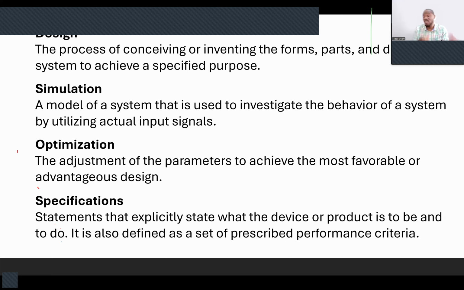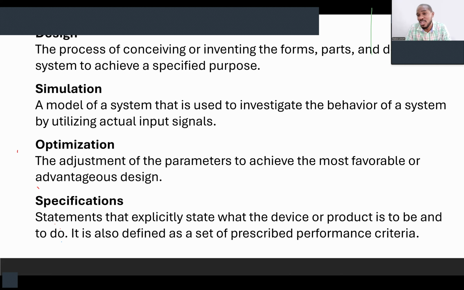Specifications are statements that explicitly say what your device is meant to be and what it is meant to do.